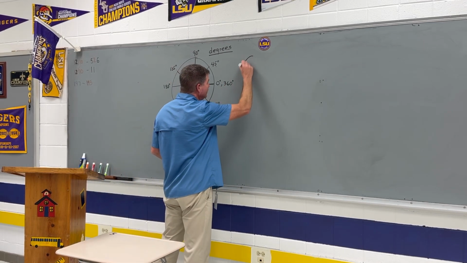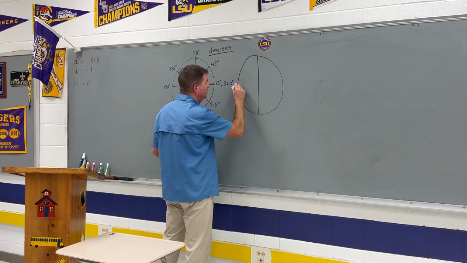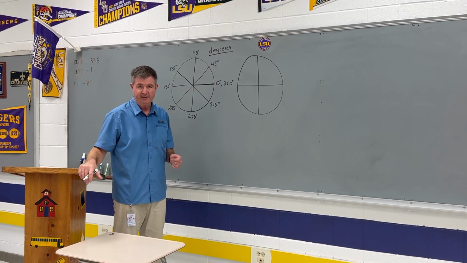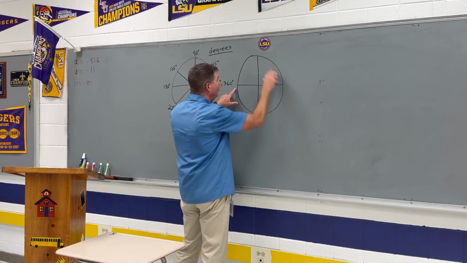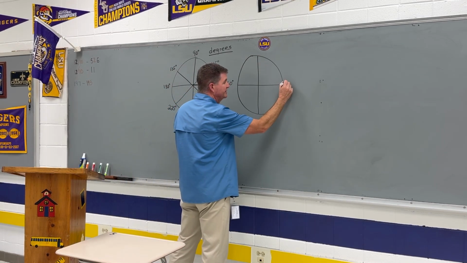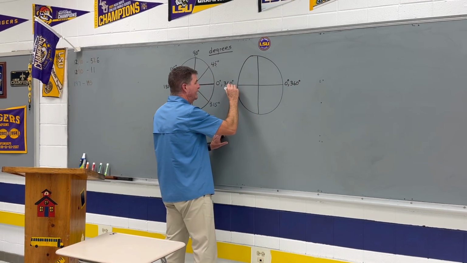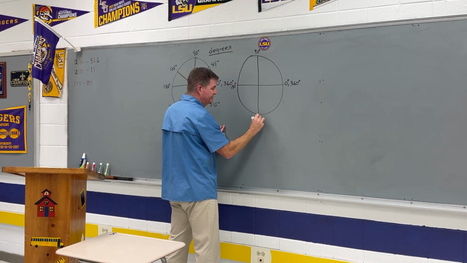The second of the unit circles, if you will, is going to be the other triangle that's special, which is a 30, 60, 90 triangle. So the four main angles are going to be the same: 0 and 360, 180, 90, and 270.